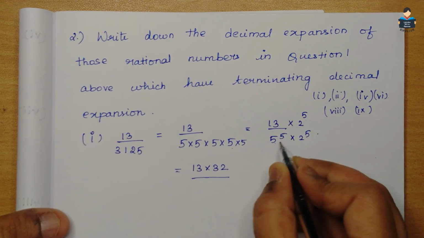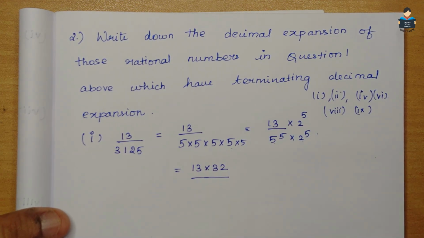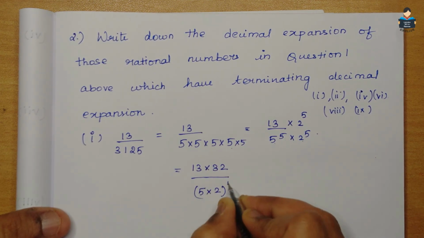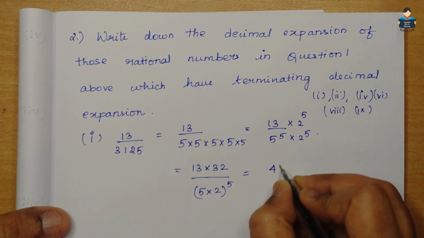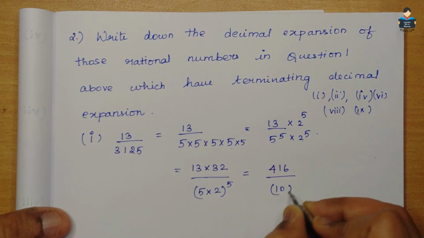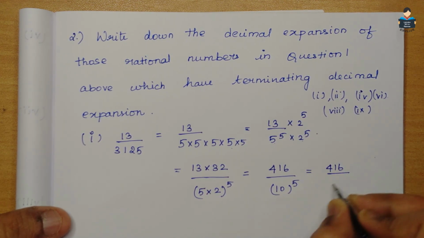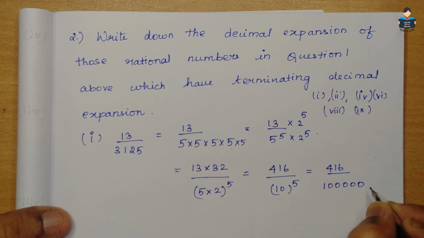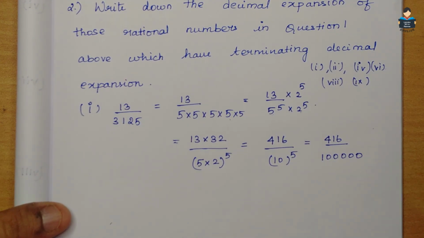Now 5 to the power 5 and 2 to the power 5. We have studied in the exponents, so what we can write is 5 into 2 the whole power 5. Now if we multiply, we will get 416. This can be written as 10 to the power 5. So now 416 by 1 followed by 5 zeros. We have to find the decimal value. This is in the fractional form.